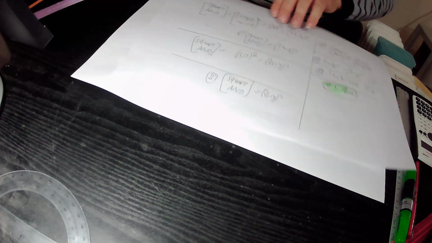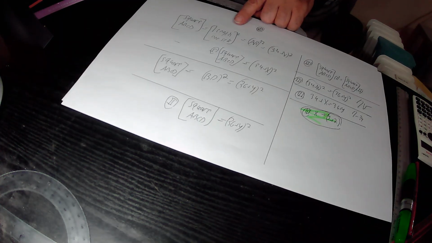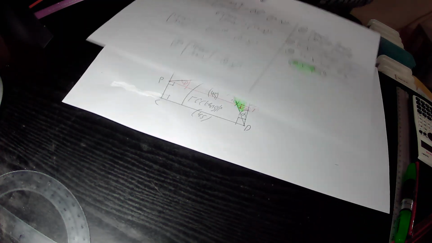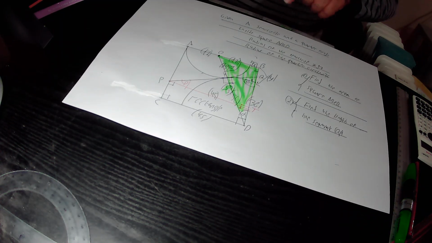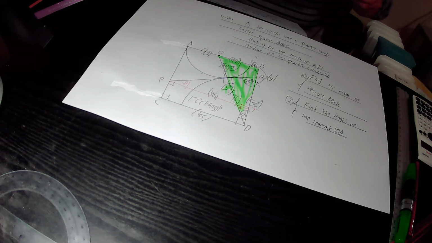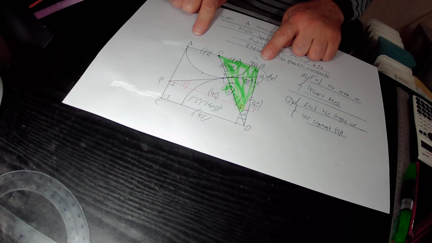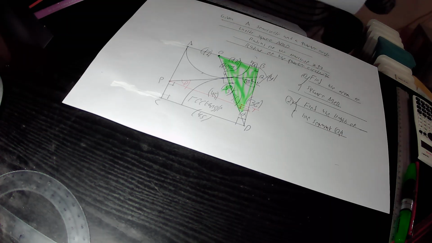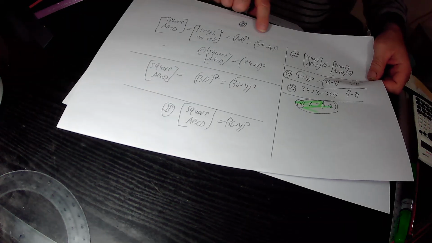AB in total equals 17 plus 17, this is 34, plus x. AB is 34 plus x, therefore AB squared equals (34 plus x) squared.